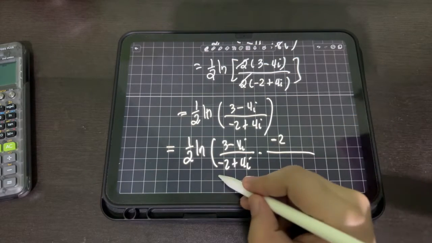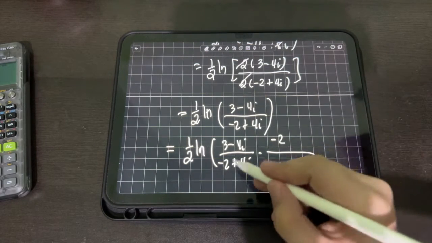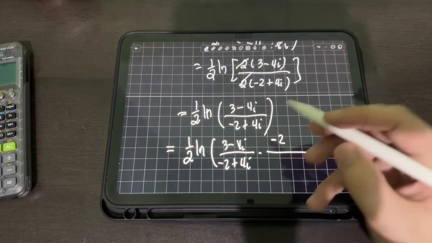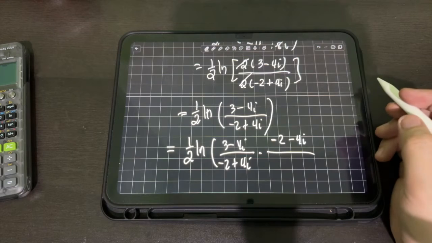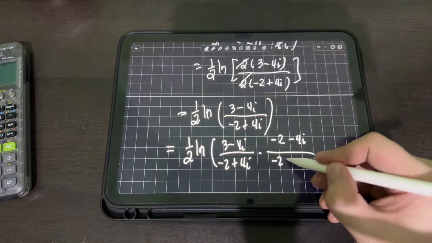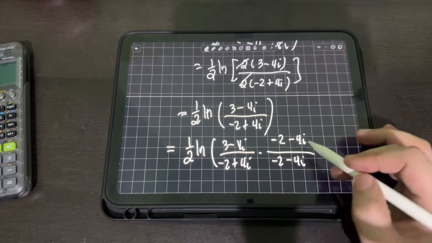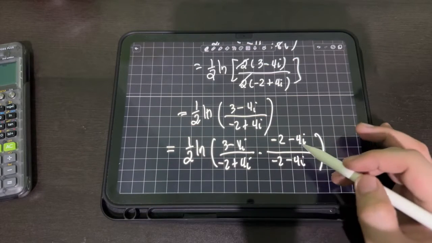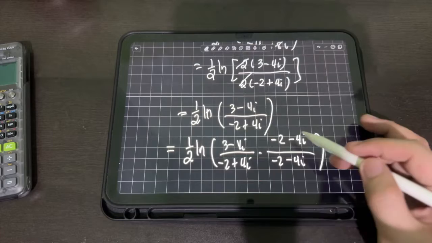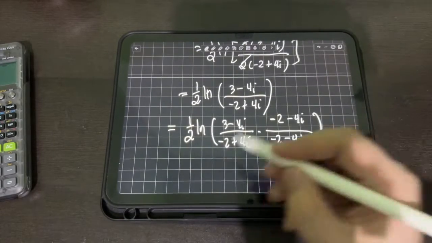Just copy the real part, negative 2, then change the sign of the imaginary part, positive 4i. Since it's positive, its opposite is negative 4i. Then just copy this on the denominator, negative 2 minus 4i. So you will multiply both numerator and denominator by the conjugate of the denominator, negative 2 minus 4i.